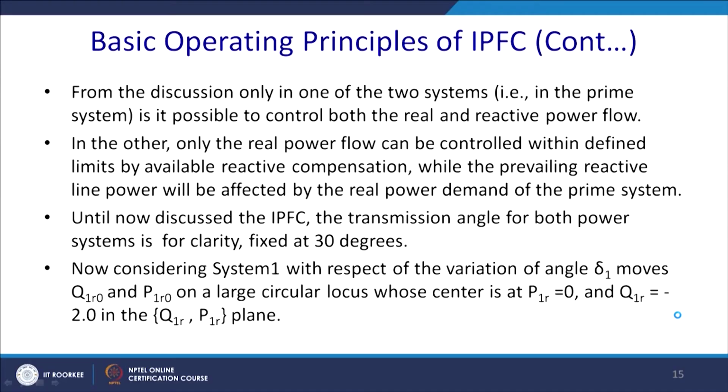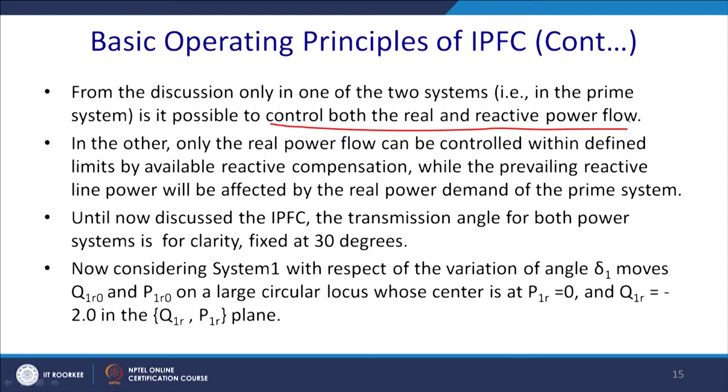From the discussions, only one of the two systems, that means the prime system, is able to control both real and reactive power flow.